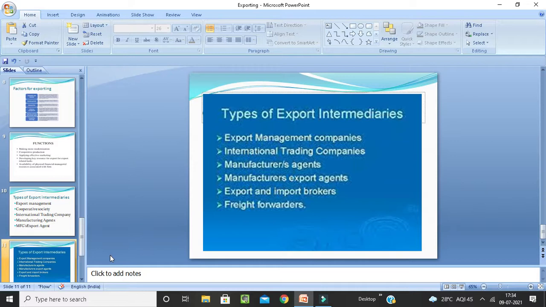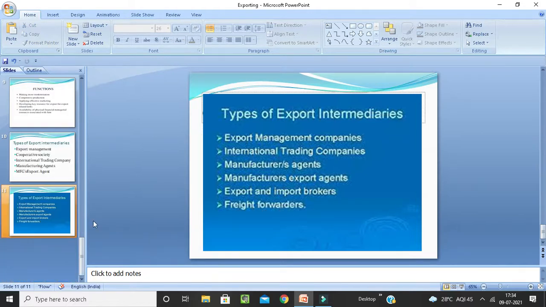Manufacturers or agents, international trading company, manufacturer export agents, manufacturer exports and import brokers, freight forwarders. All these people are there where this type of exporting is taking place in the world.